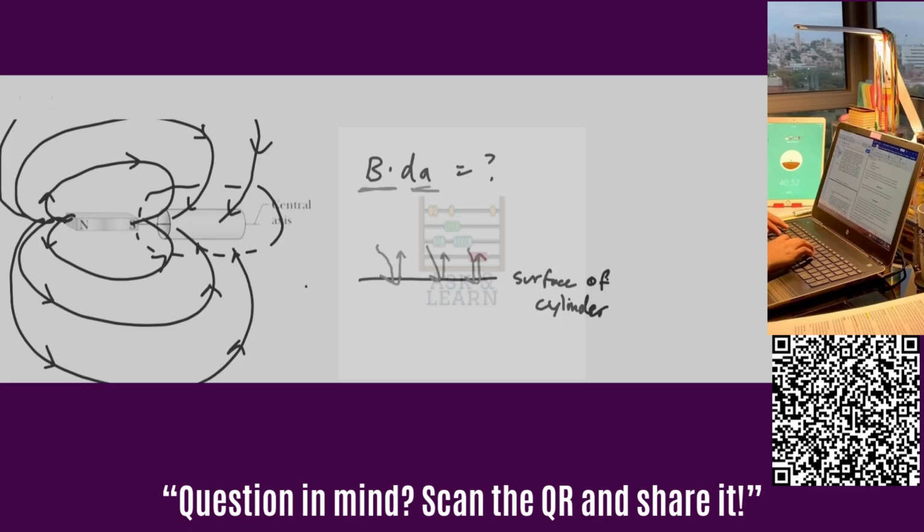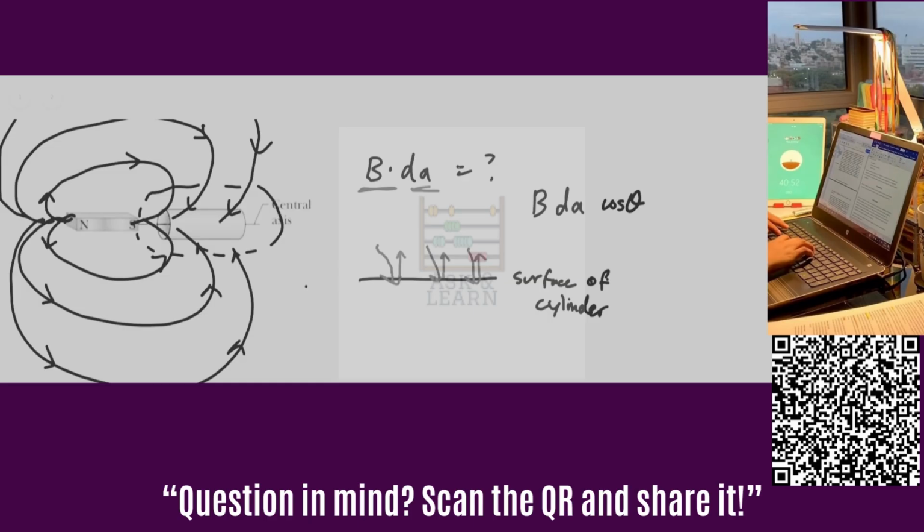So of course, B dot dA is B dA cosine theta. As long as dA has a component which is parallel to B, it's going to be positive. But if dA has a component which is anti-parallel to B, it is going to be negative.